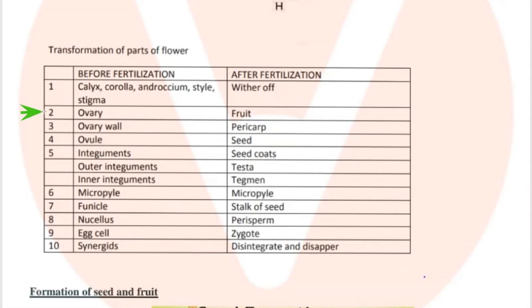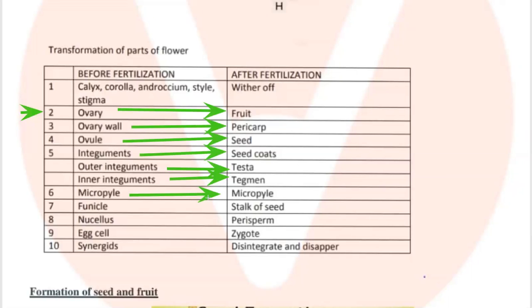Ovary, if I say ovary converts into fruit after fertilization. Ovary wall into pericarp, ovule into seed, integuments into seed coats, outer integument into testa, inner integument into tegmen, micropyle to micropyle remains same, funicle stalk of seed, nucellus perisperm, egg cell zygote, synergid disintegrate and disappear.